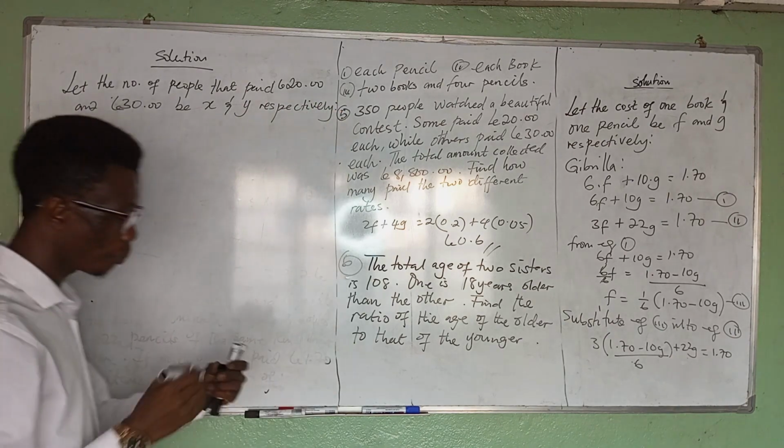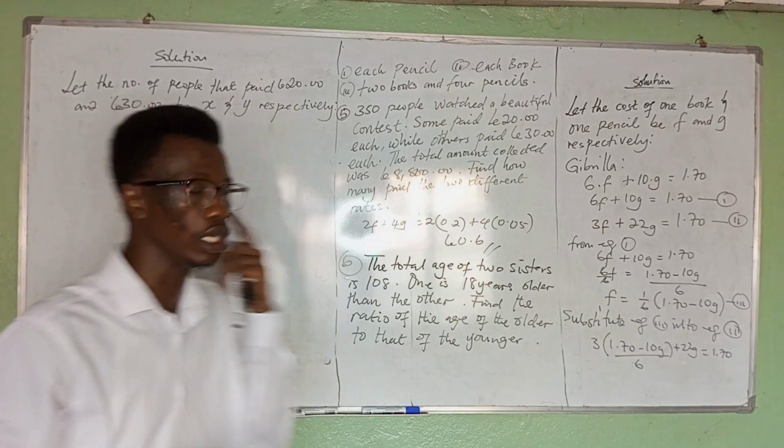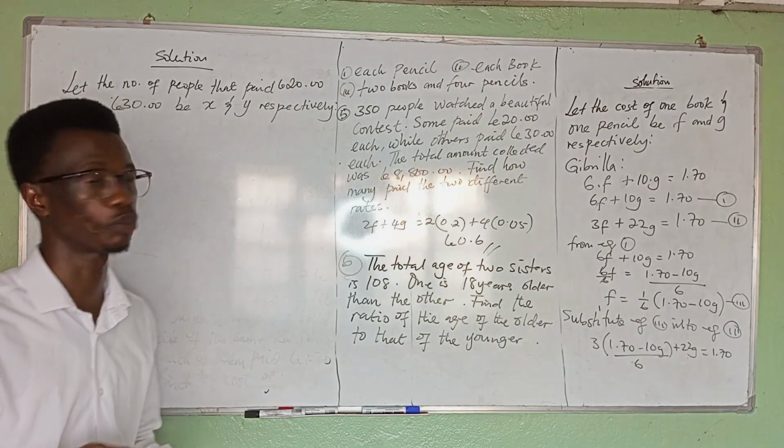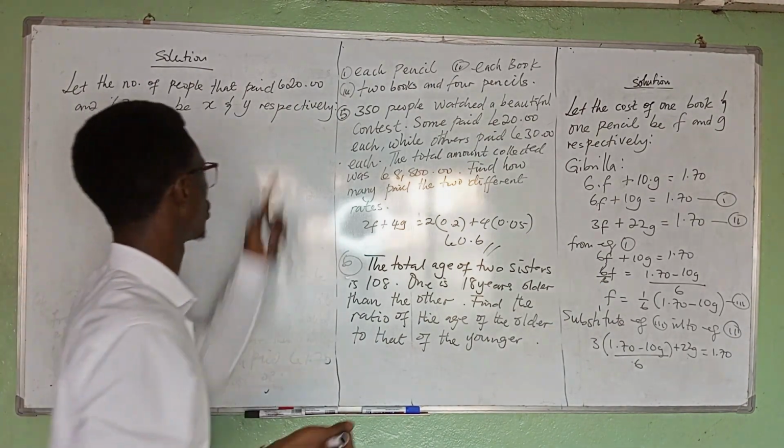So the number of people that pay 20 leons is going to be X, and those that pay 30 leons are going to be Y.